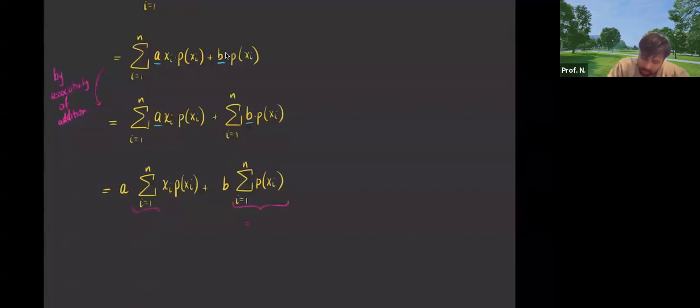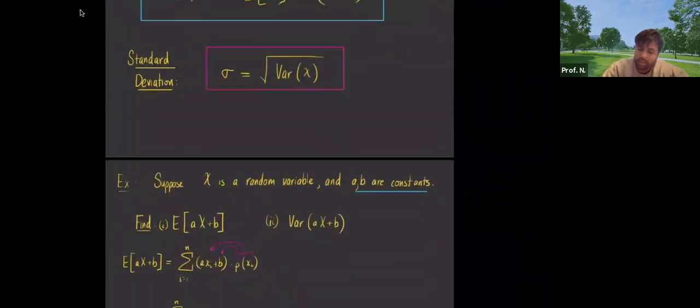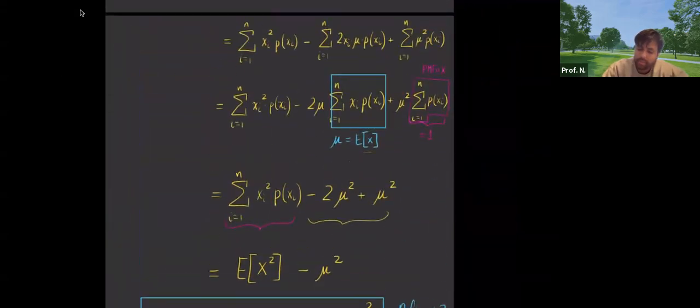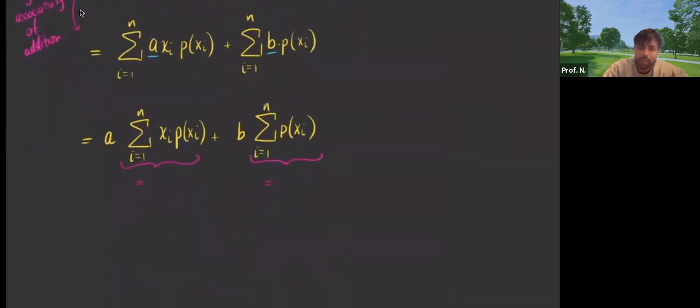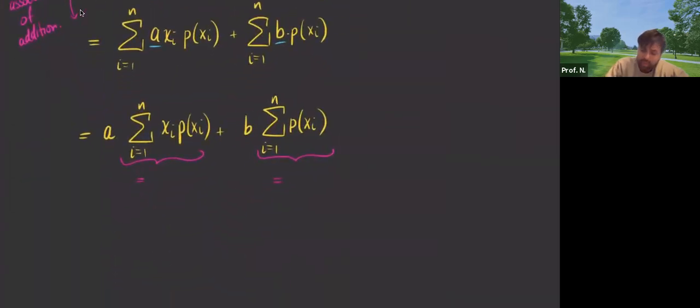And what does this equal? We talked about these earlier here. So what is this term here? What does this expression here add up to?